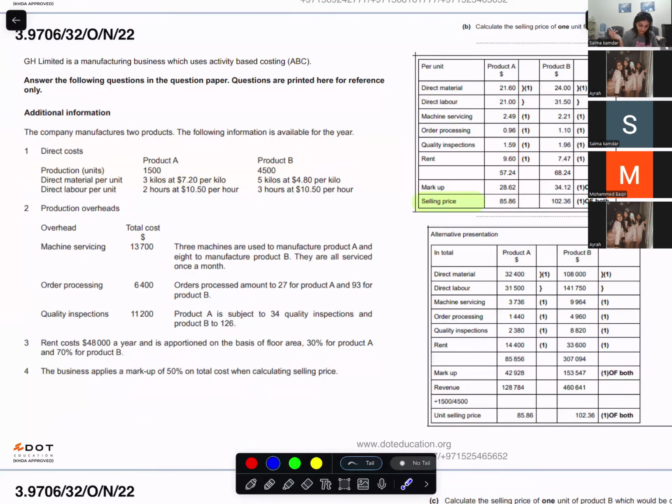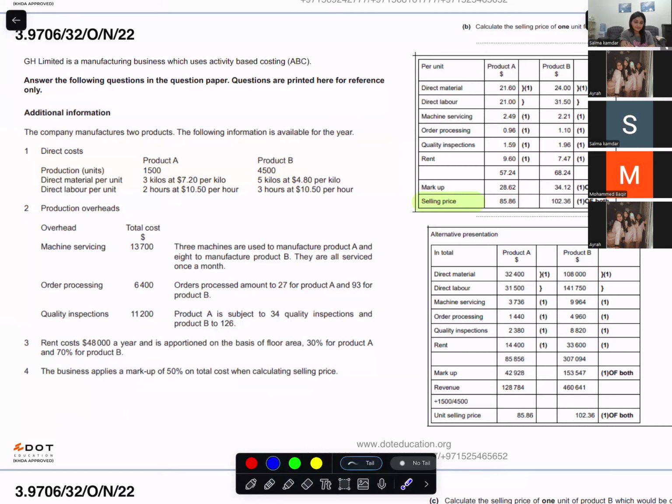Or I can do everything in total and then divide it by the number of units. If we take total, because of the fixed machine overheads, the servicing, total is a bit easier for us. Okay, fine, no problem.